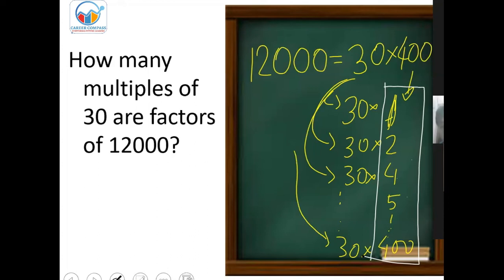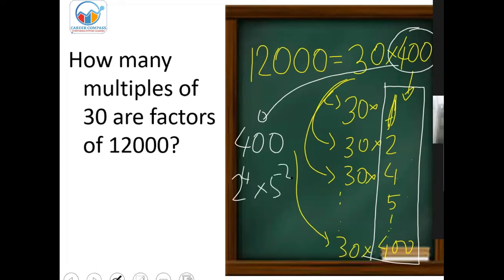So the question is, what is the number of factors of 400? 400 is 2 to the power 4 into 5 square if you do factorization, no?